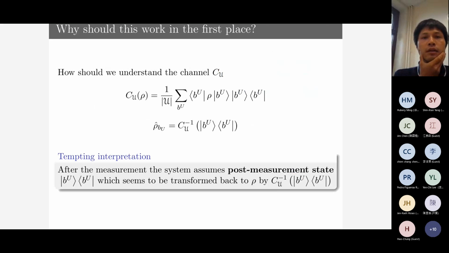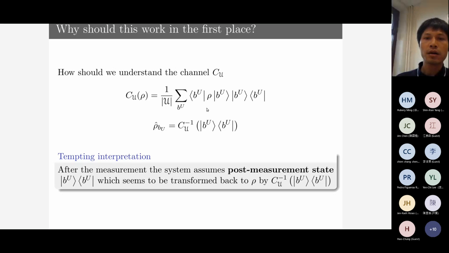Yeah, so if that is clear, now let's come back to the question we asked before. How do we really understand this channel, and how do we really understand this shadow formula? Actually, the question is why should this whole framework work in the first place anyway? One very tempting interpretation is the following.